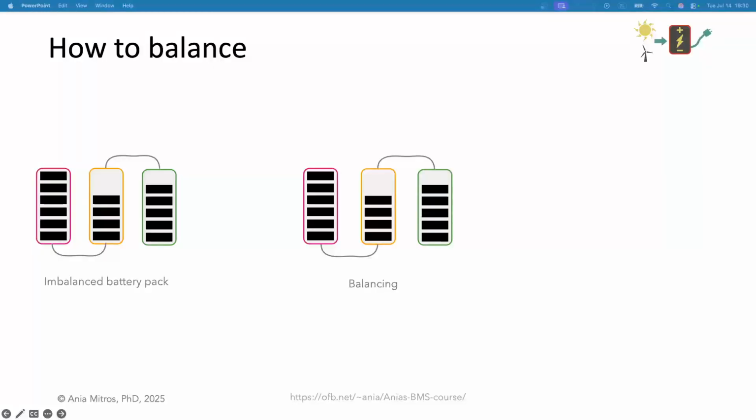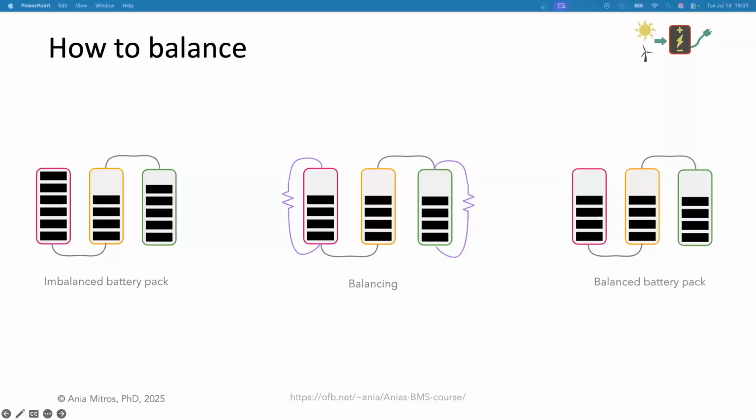The simplest and most common way to balance a battery pack is to selectively drain some cells by applying a resistor to them, like this. Resistors on the cells at higher state of charge discharge those cells to match the lowest cell. The result is a balanced battery pack with all the cells at the same state of charge.